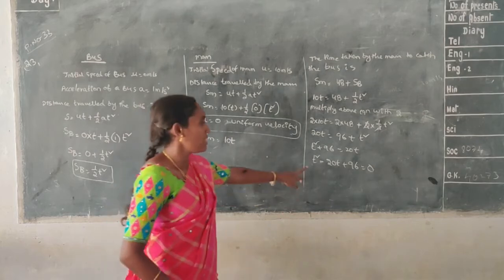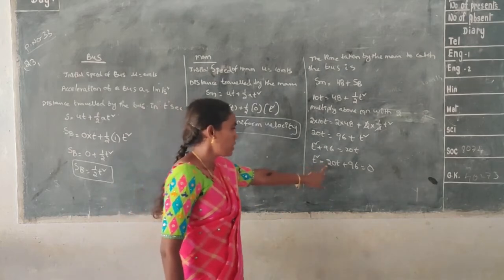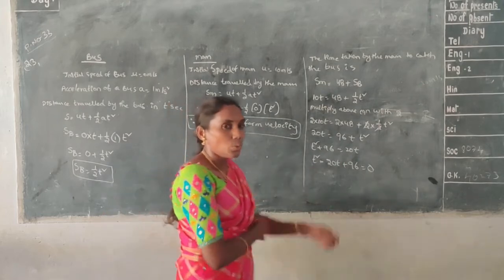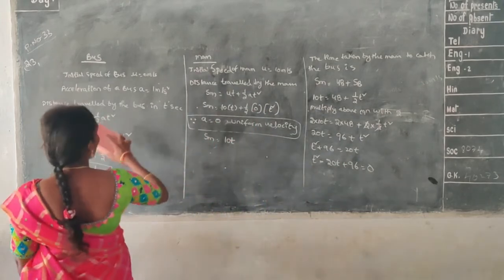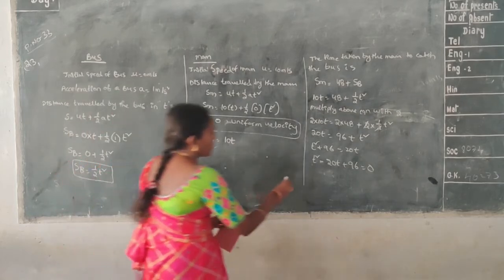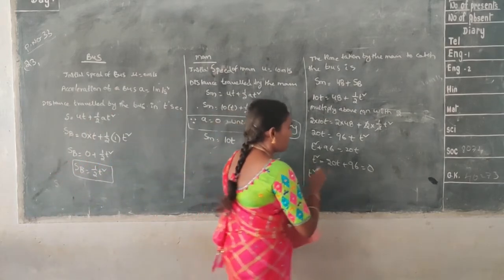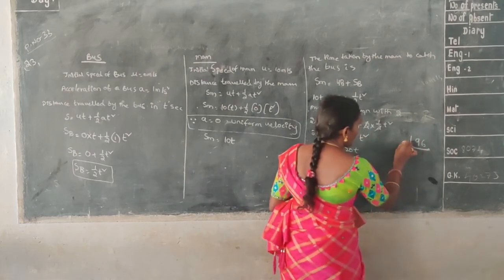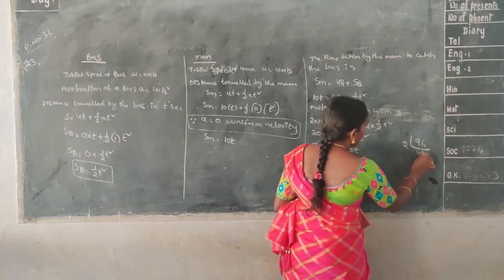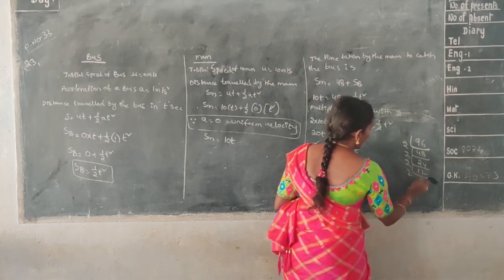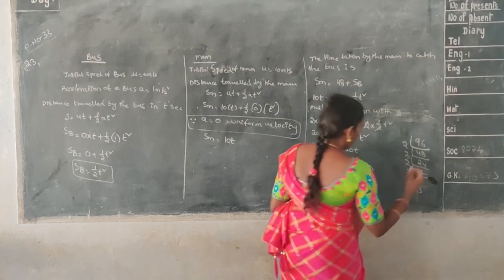Do the factorization. T square minus 20t plus 96 is equal to 0. For 96, take the LCM: 2 48s, 2 24s, 2 12s, 2 6, 2 3s.